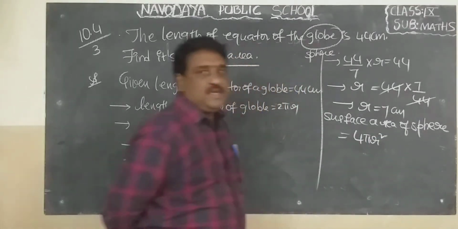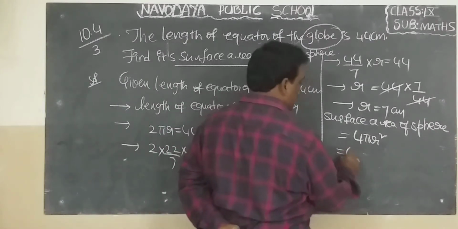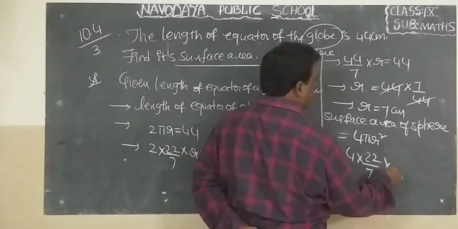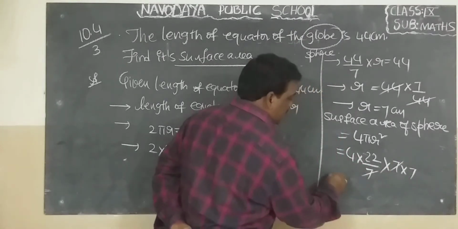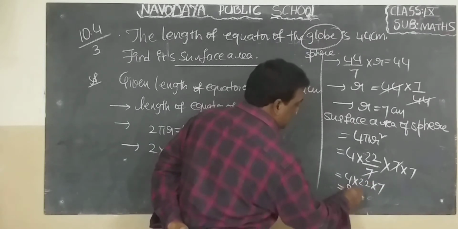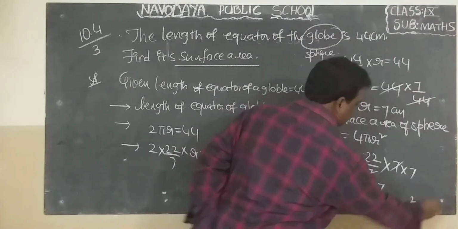What is the surface area of a sphere? 4 pi r square. 4 into 22 by 7 into r square. 7 into 7, 7 cancel. 4 into 22 into 7. 88 into 7, 616 centimeter square.